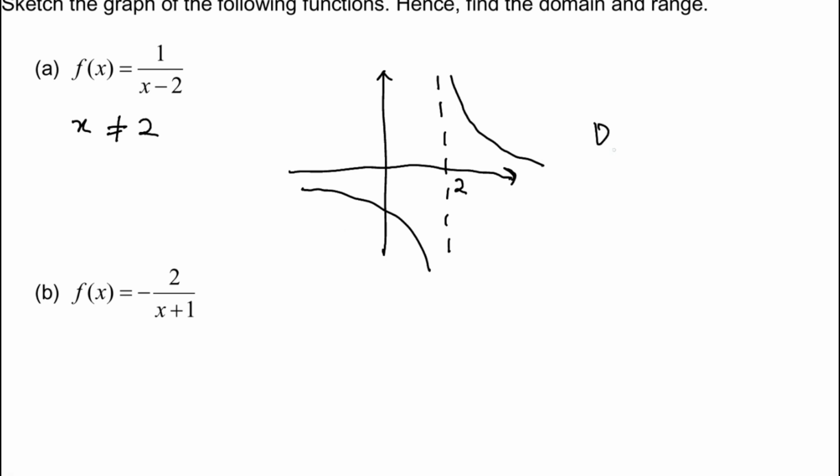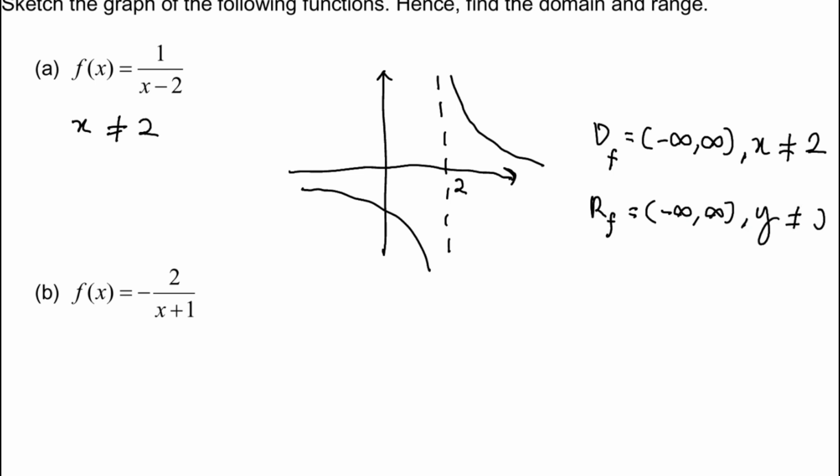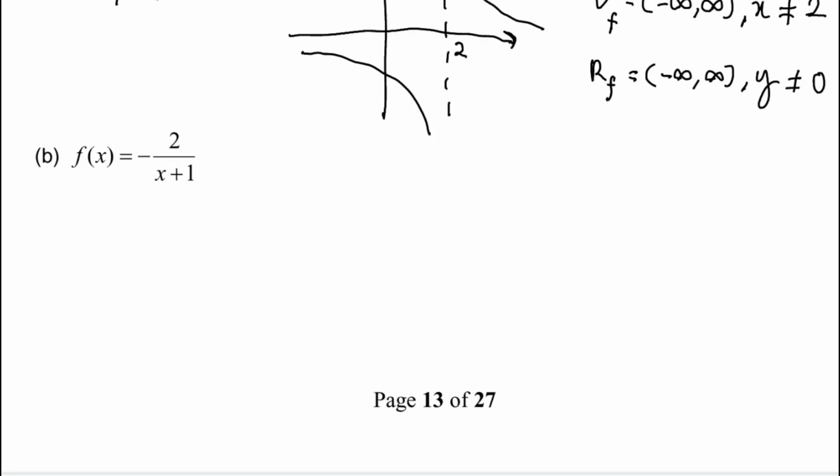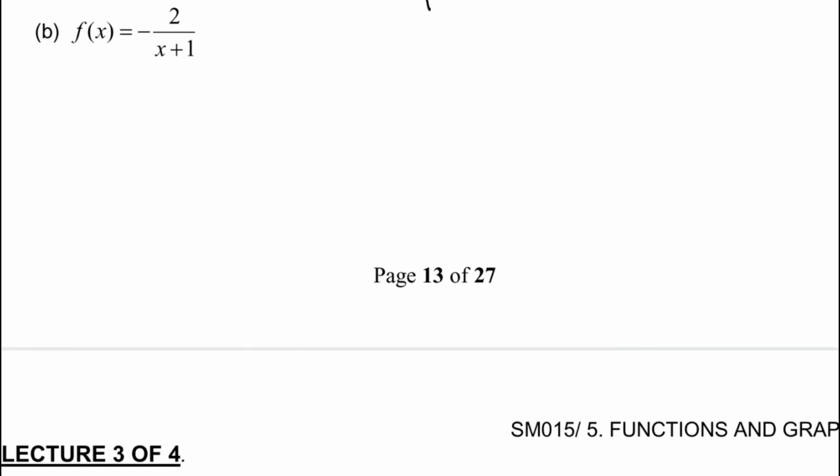So the domain is like this, and the range is any values, but y cannot be 0. Then for this example, x cannot be -1.